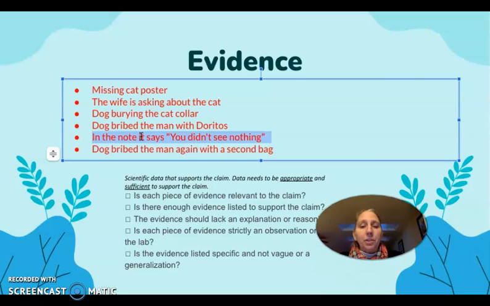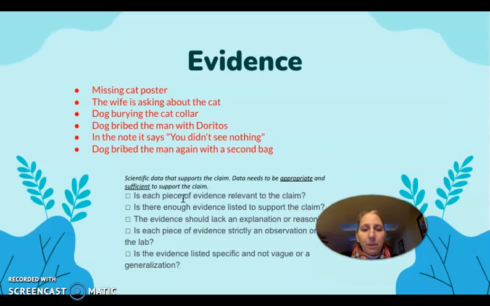And in the note, it says you didn't see nothing, so he's trying to silence the man. And finally, the dog bribes the man again with a second bag of Doritos. So these are all pieces of evidence that will give you full points for the evidence part of the CER, which is also worth 10 points.